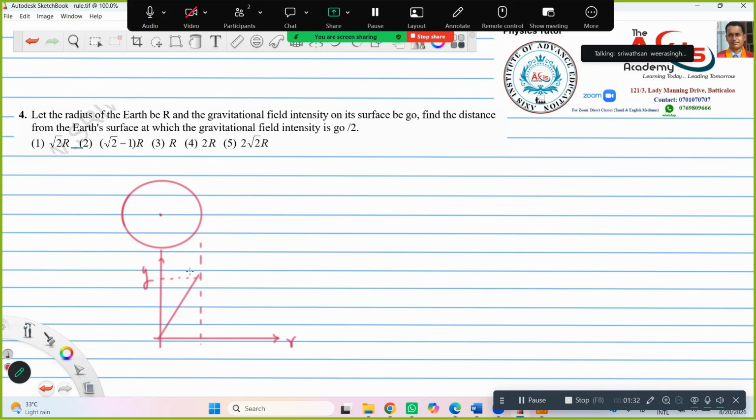And at the surface of the Earth, this will reach the maximum. Gravitational field strength will be maximum.